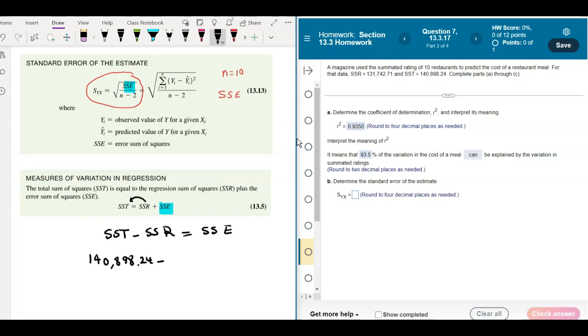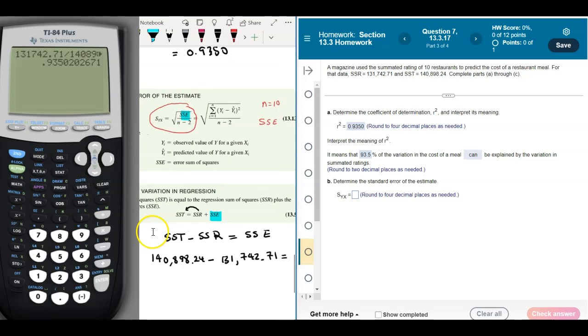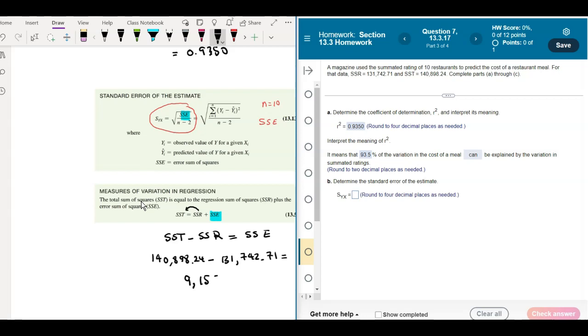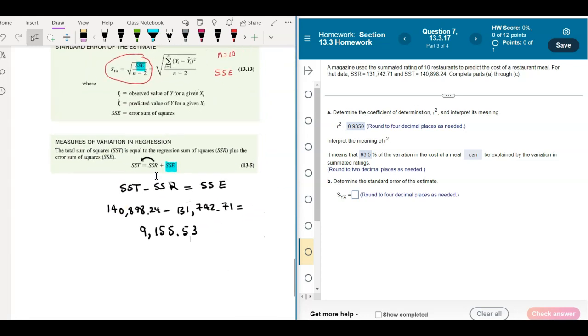The SSR is going to be 131,742.71. And let's plug it into the calculator again and see what it is. And this is going to be 9,155.53.